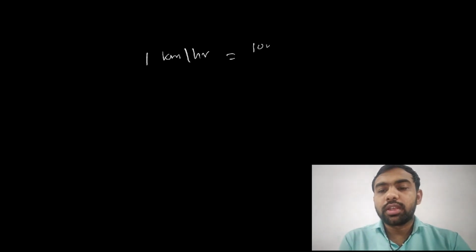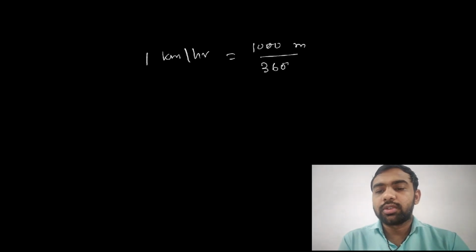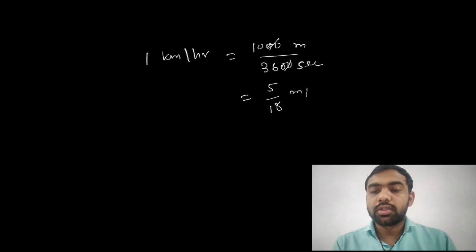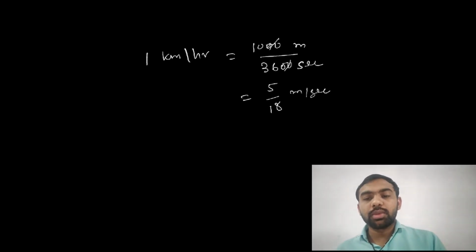We already discussed this in previous chapters. 1 kilometer means 1000 meter, upon 1 hour means 3600 second. The 0s cancel out, and half of 10 is 5, so we get 18. So 1 kilometer per hour is equal to 5 upon 18 meter per second.